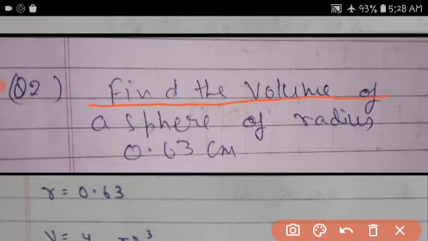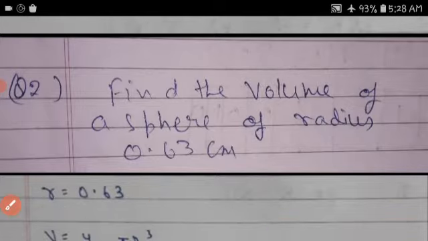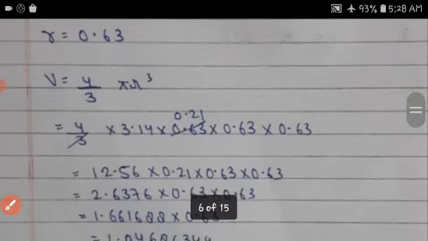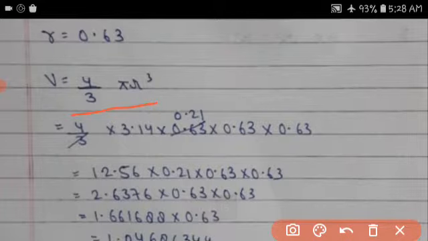Find the volume of a sphere of radius 0.63 centimeter. R is equal to 0.63. Volume is equal to 4 by 3 pi r cube. 4 by 3 into 3.14 into 0.63, 0.63 and 0.63. Now cancel out: 3 twos are 6, 3 ones are 3.